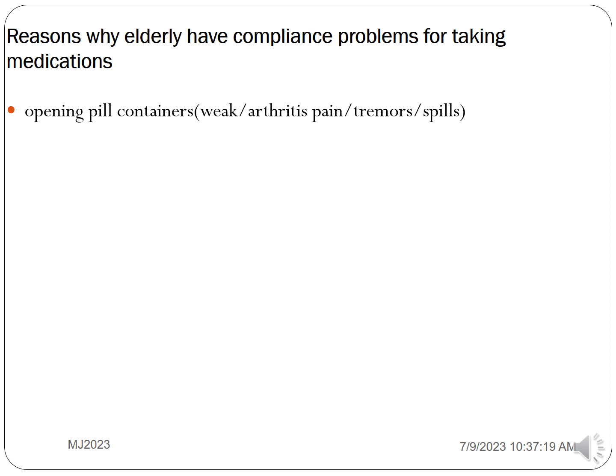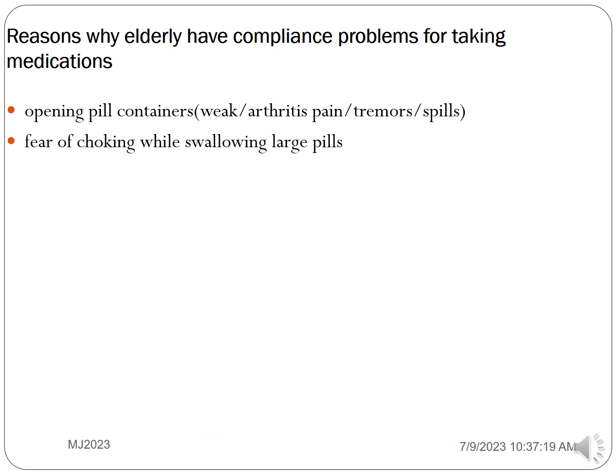Okay, so they may have problems opening pill containers because of muscle weakness. They're not able to hold the cap and twist it because of very weak fingers and hands. They have arthritic pain. They have tremors, and they tend to spill when they have these problems.